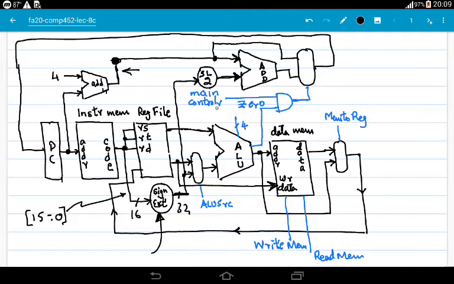So this is very important. The main controller asserts this line if it's a branch instruction, and if the result of the ALU is 0, then the zero output line is asserted. So if both these inputs to the AND gate are 1, then this line is asserted, and in this case the new address, the branch target address, goes to the program counter.